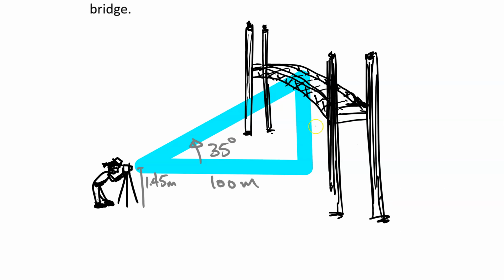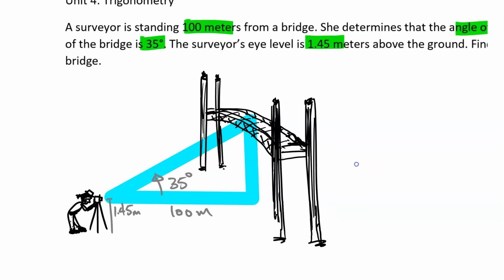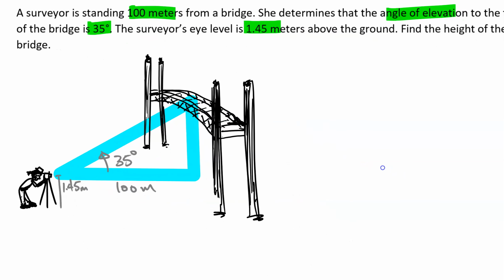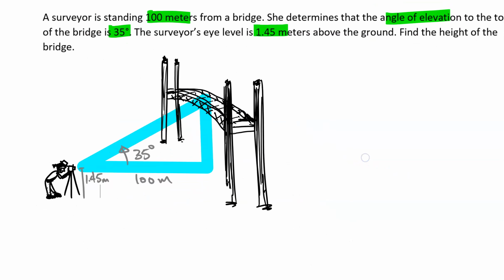Okay, so the request is find the height of the bridge. So the height of the bridge is equal to this distance right here. We're going to call it, we can't call it the height, okay, plus the 1.45 because the 1.45 is also right here. Okay, you guys see that? It's the same distance.